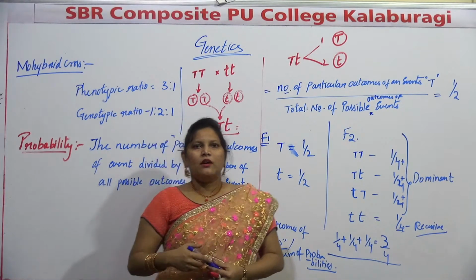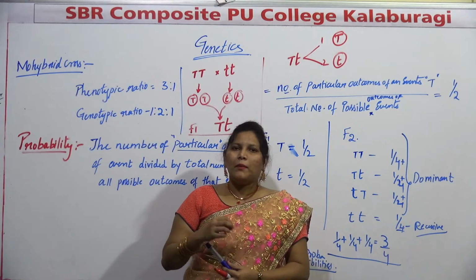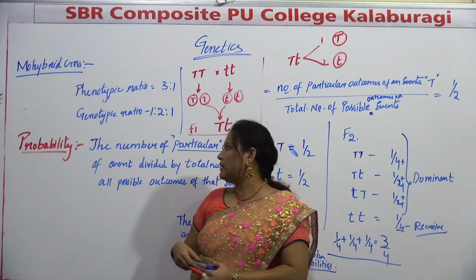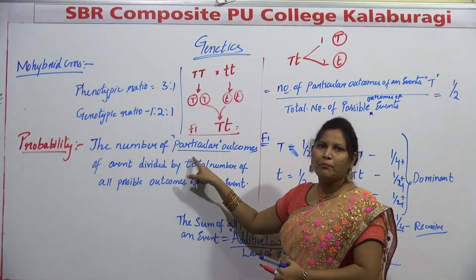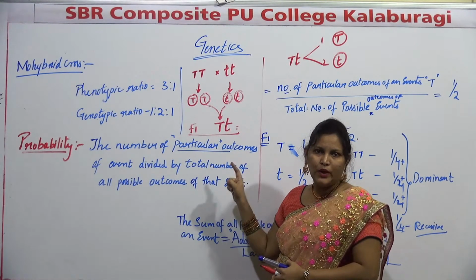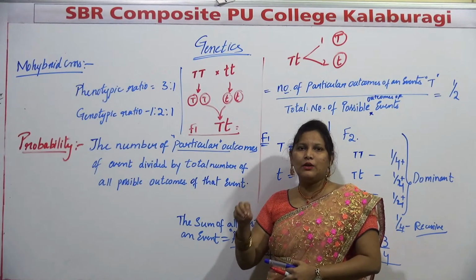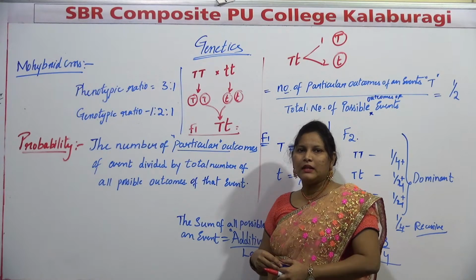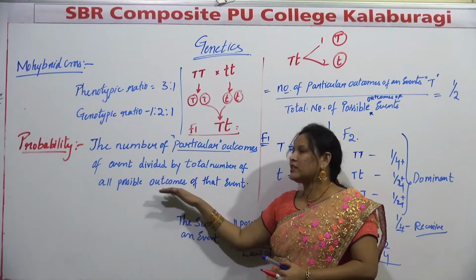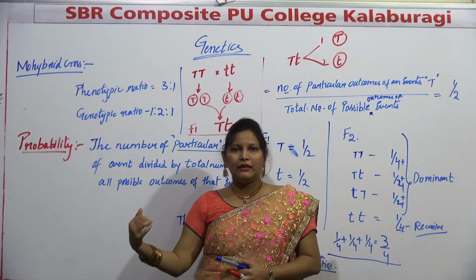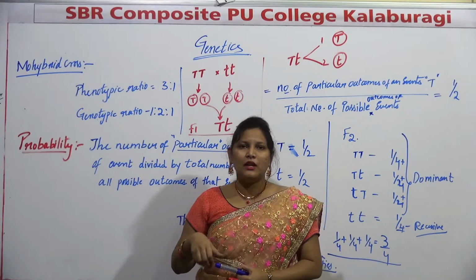So when we apply probability to genetics, how can we define probability? The number of particular outcomes of an event divided by the total number of outcomes of that event is the probability. With this statement we can find out how many gametes will have capital T allele and how many will have small t.